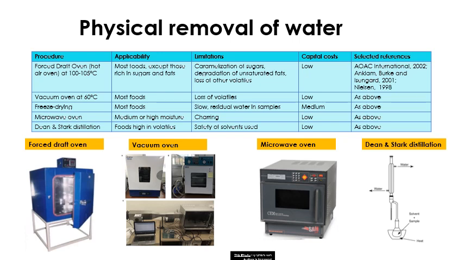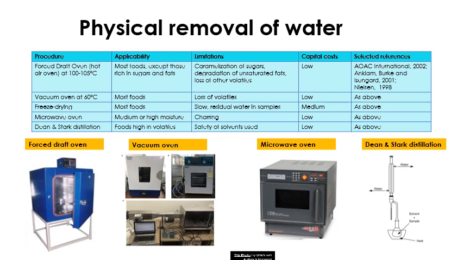So if you're forced to use this method on a sugar-rich or fat-rich product, you are going to either overestimate or underestimate the moisture content. But this method is considerably cheap. Okay, we also have the vacuum oven.